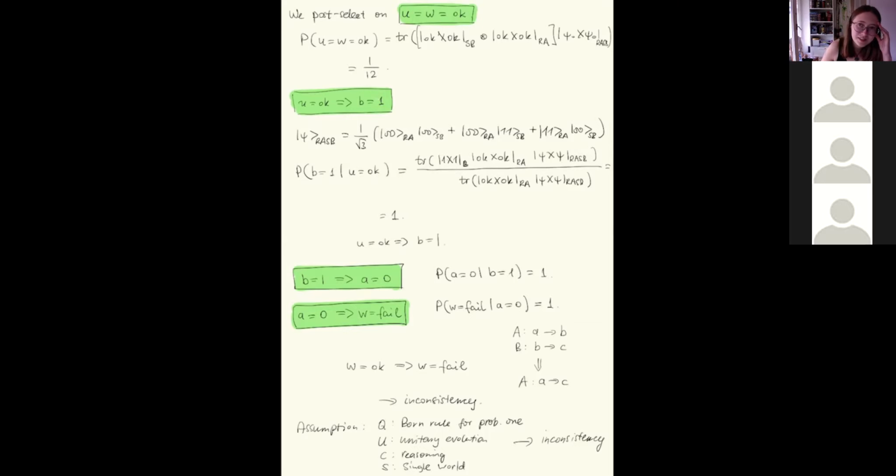Okay, so time is up, but let me quickly add something about the last exercise, which is about weak measurements in the Hardy setting.